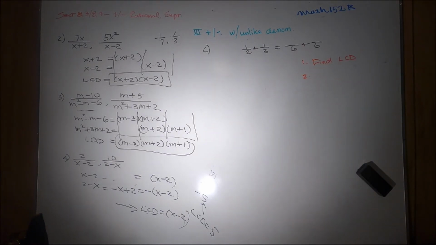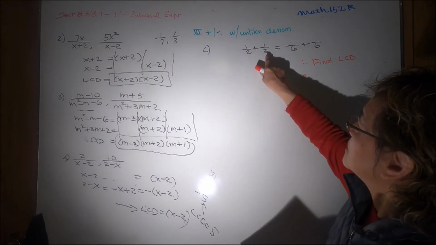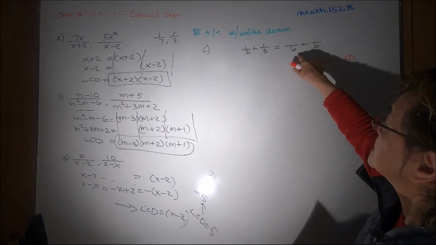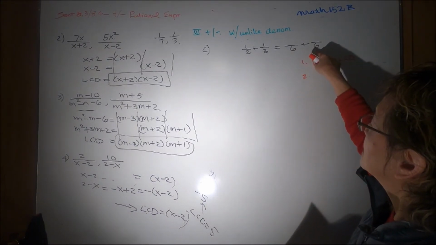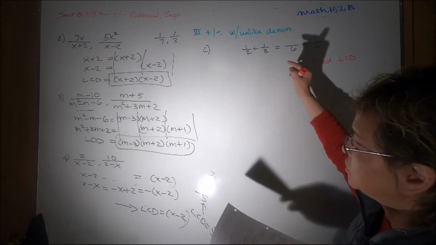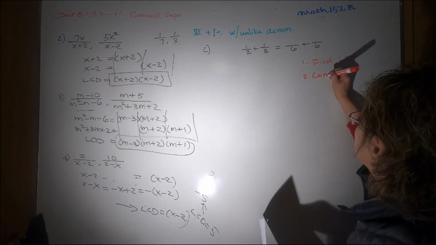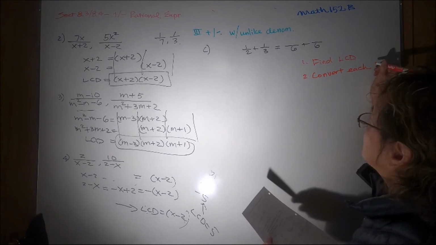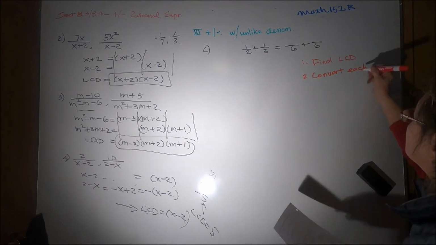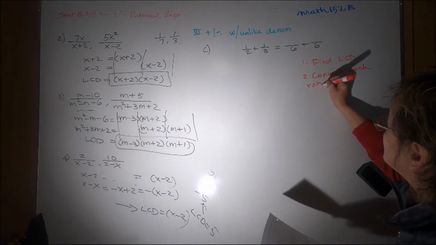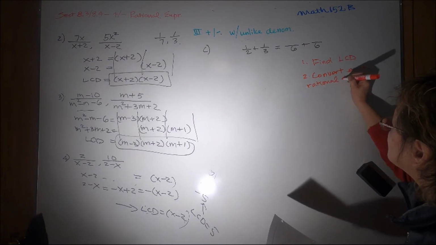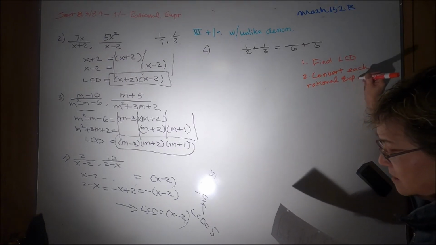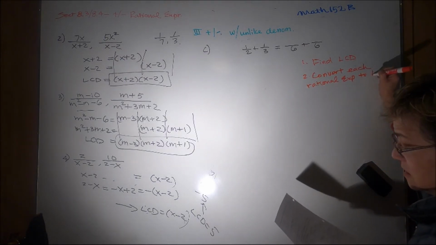Then second step, what would you do? You would change 1/2 and 1/3 to the same denominator, right? So you will convert each, right? Instead of rational numbers, we do what? Each rational expression, right? To what?